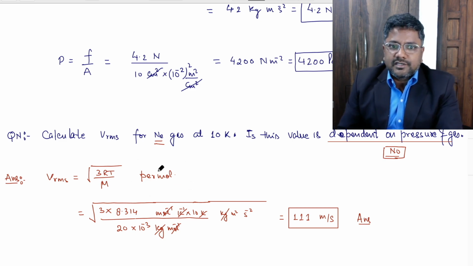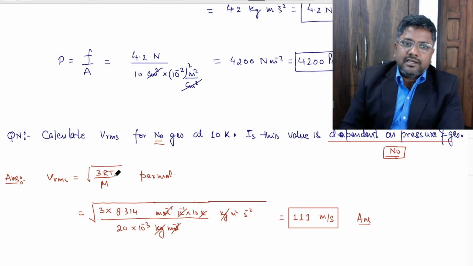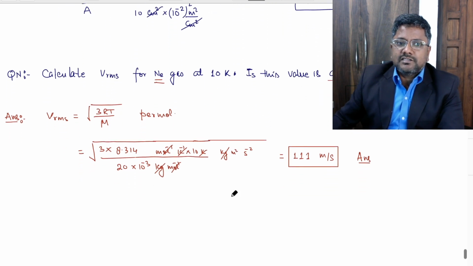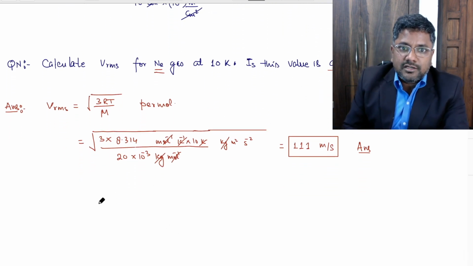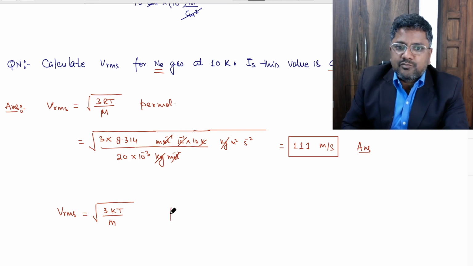So this is per mole, and if the formula is asked for VRMS per molecule, VRMS is equal to under root 3 kT by small m, right? This is per molecule.